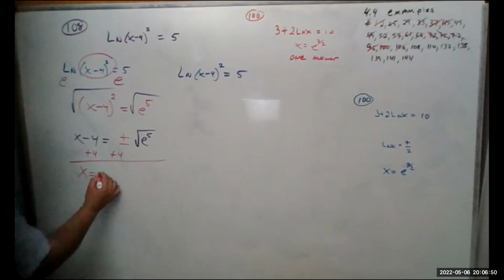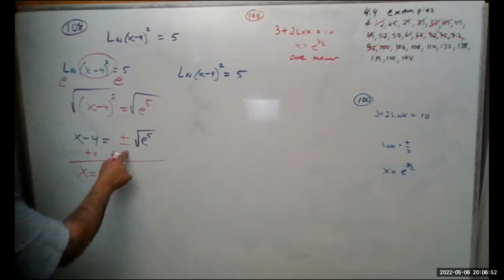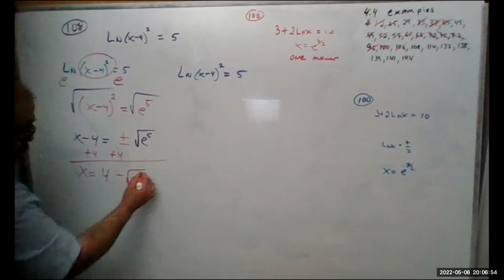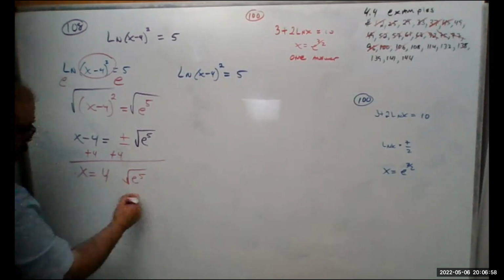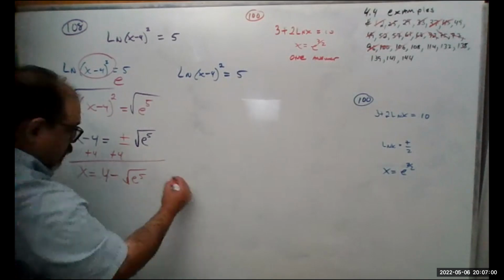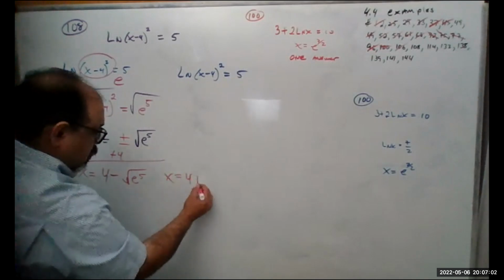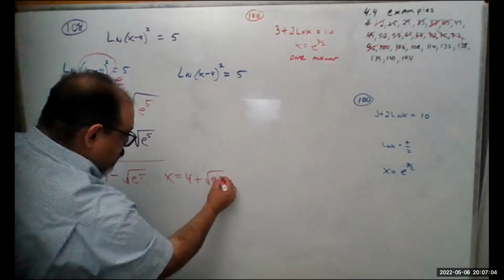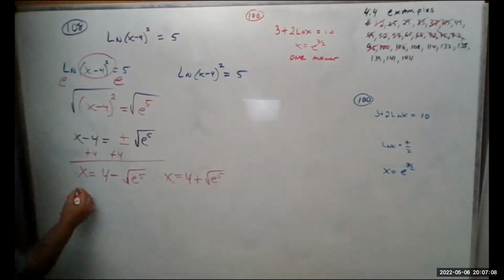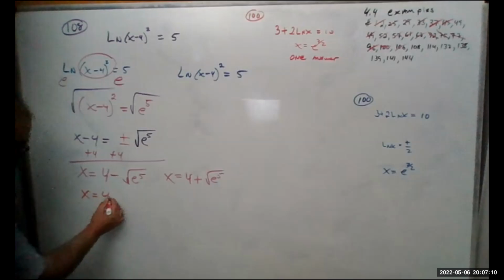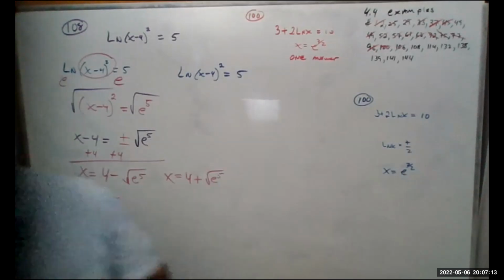So we get x equals 4 minus the square root of e to the 5th, and we have x equals 4 plus the square root of e to the 5th.